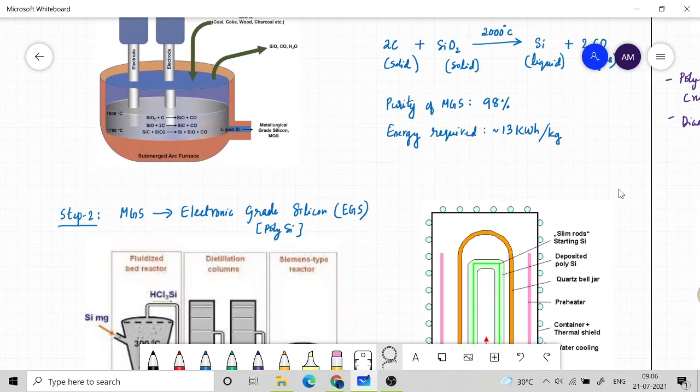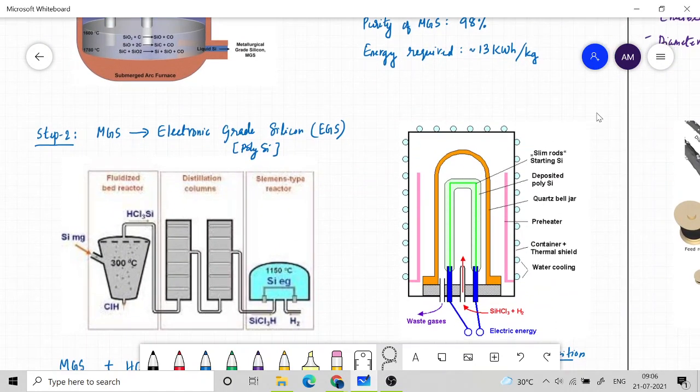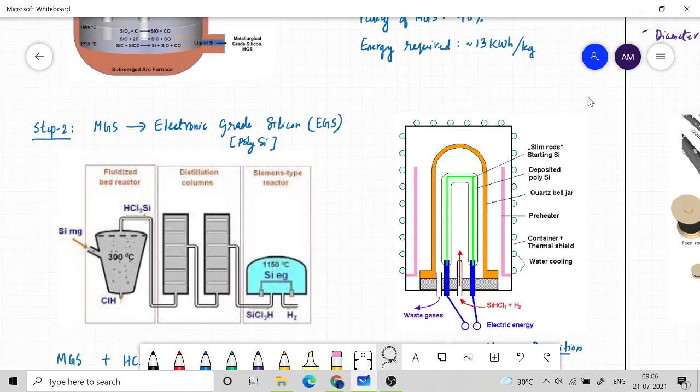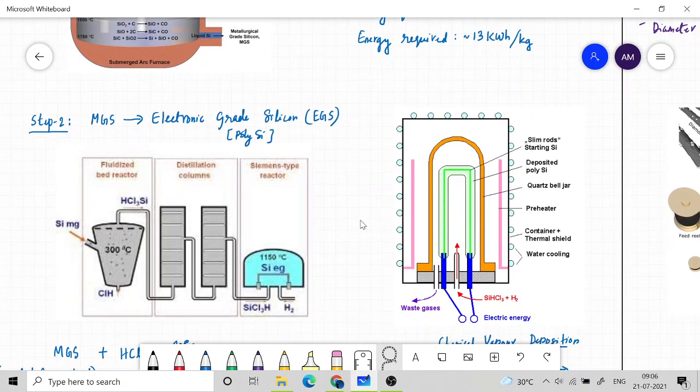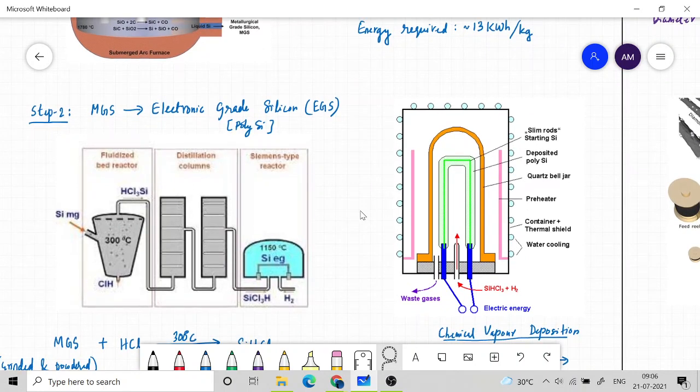The second step involved is converting the metallurgical grade silicon into electronic grade silicon, and this electronic grade silicon is what we refer to as polysilicon. Now polysilicon, as you know, has a polycrystalline structure.